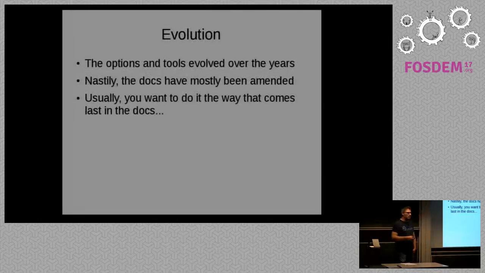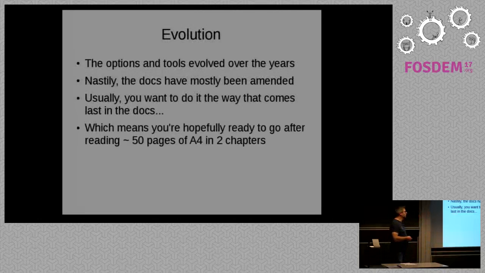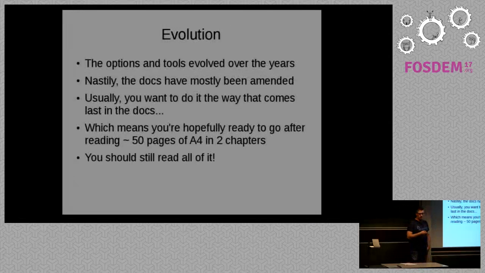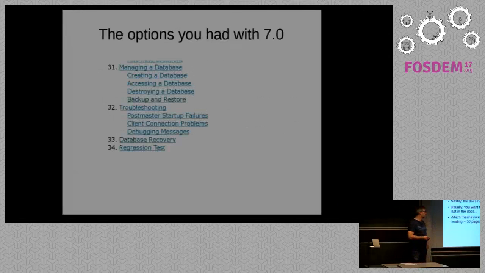What I do think is that amending the docs when you add a new feature is maybe not the right way. Maybe not. You still should read it all if you have the time, but it's more than 50 pages, or almost 50 pages, 49 when I counted yesterday. So that's a lot of stuff to read, just to do some backups, right? You should still read it.